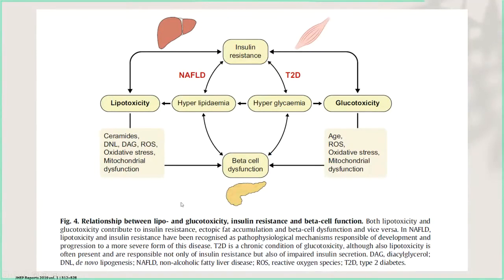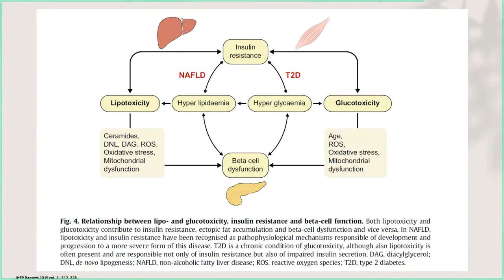So all of this in turn will eventually lead to the accumulation and generation of ceramides, oxidative stress, and mitochondrial dysfunction, which leads to beta cell dysfunction and then worsening of insulin resistance and other cardiovascular outcomes. So this in general is what happens in diabetes and also in NASH and NAFLD.